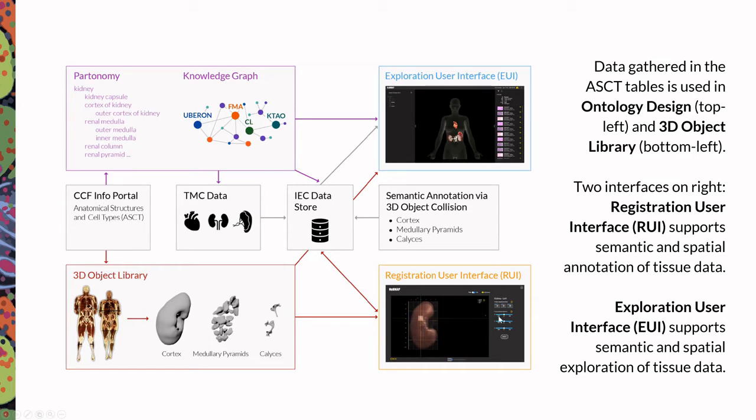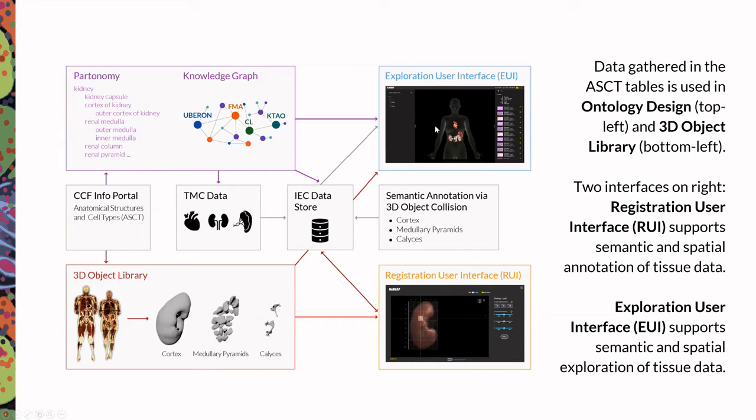Then there is a so-called registration user interface, which we use to spatially and semantically register tissue blocks in reference organs. And then that data gets stored in the IEC data store, which Nick presented. And then an exploration user interface currently separate from the portal is used to spatially and semantically browse tissue data.